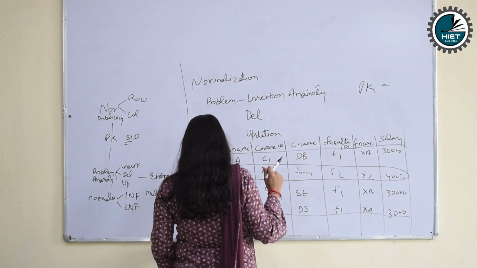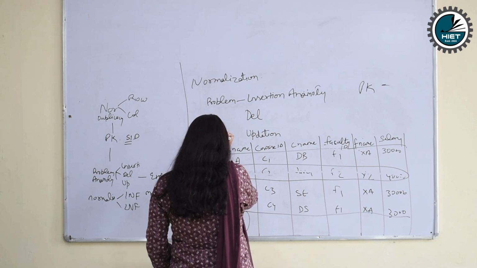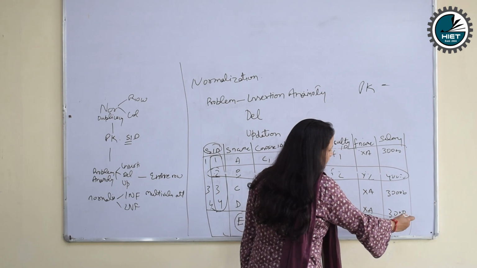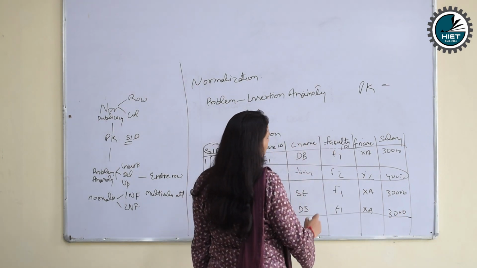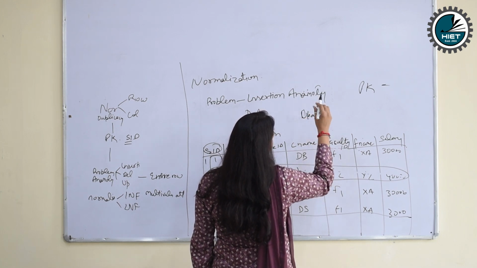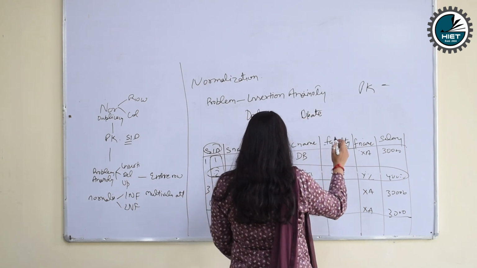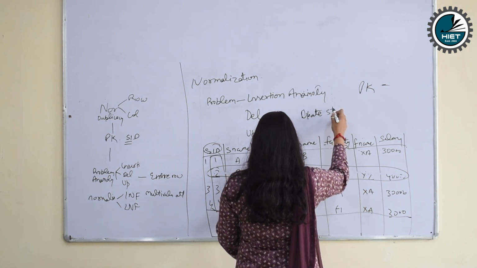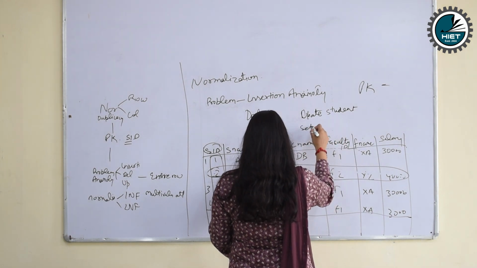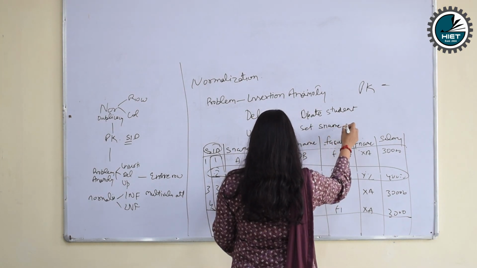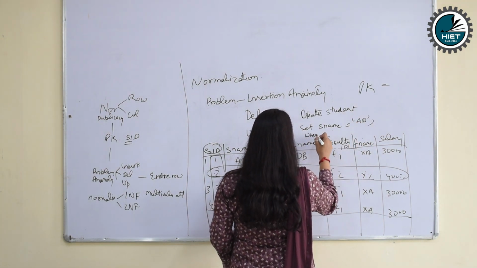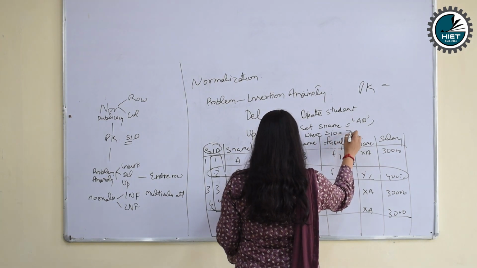Now next is updation anomaly. If we want to update something, for example, update student set student name equals to AB where student ID is 2.